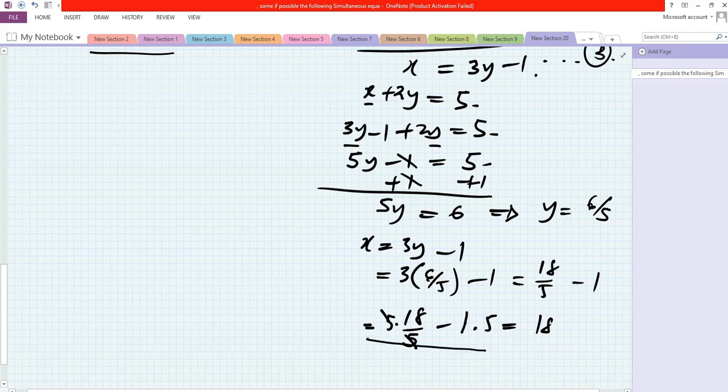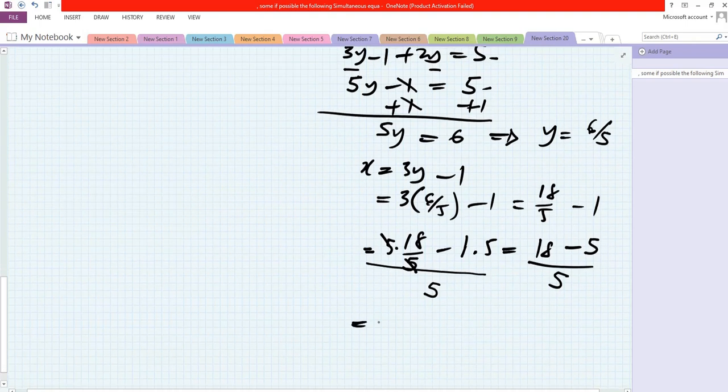Then you divide all through by 5. So it will remain the same as this. So you have 18 divided by 5, this time this is 5 all over 5. So 18 minus 5 will give you 13 over 5.